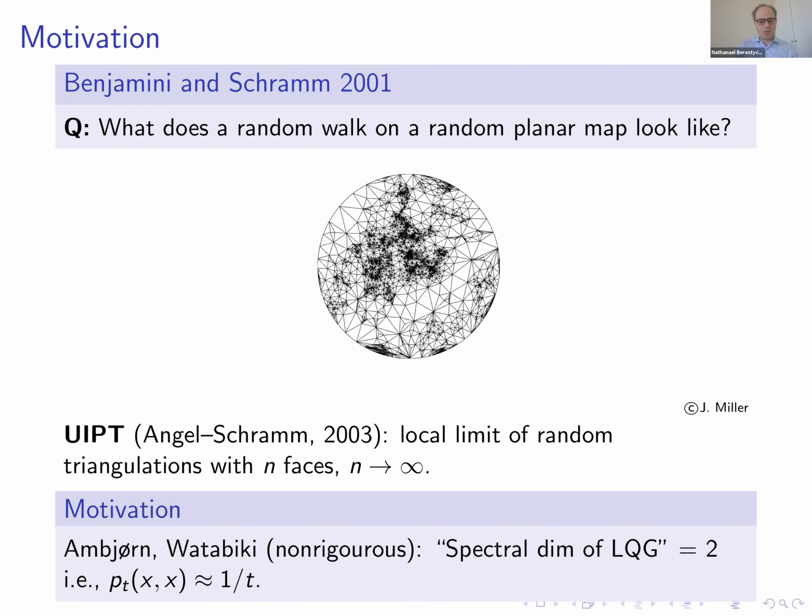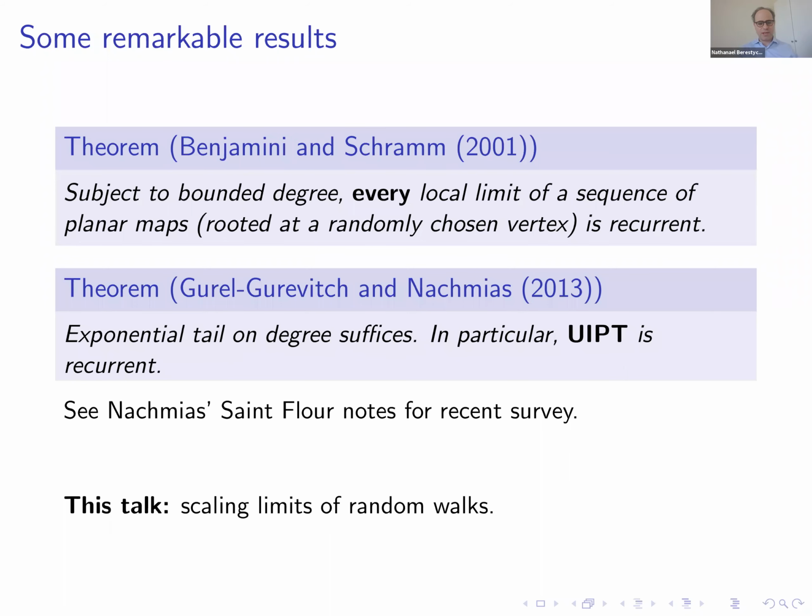And 1 over t, of course, when you sum it, you get something infinite. So this led them to conjecture that, in particular, the UIPT is recurrent. They proved the following result: if you have a sequence of planar maps with bounded degree, which was their assumption, then every local limit of such a sequence of planar maps is recurrent.